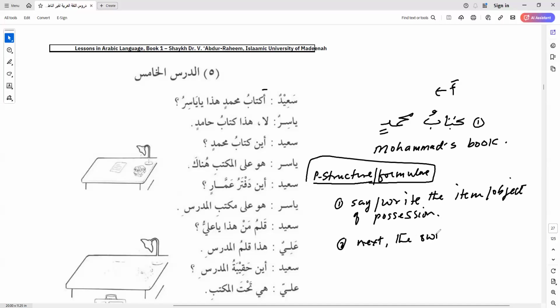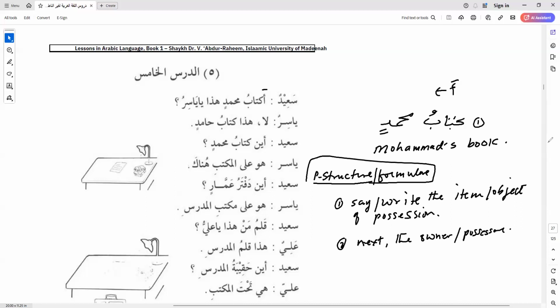So you don't have to say Muhammad Kitab. If you say Muhammad Kitab, basically you are saying Muhammad is a book, right? That's not what you want to say. You want to say the book belongs to Muhammad. So what you do is you say Kitabu Muhammadin. So by saying this, you mean the book belongs to Muhammad, or the owner of the book is Muhammad.